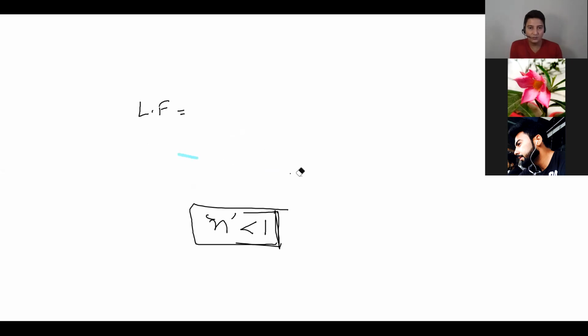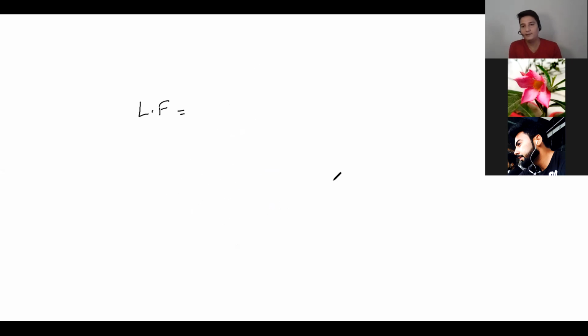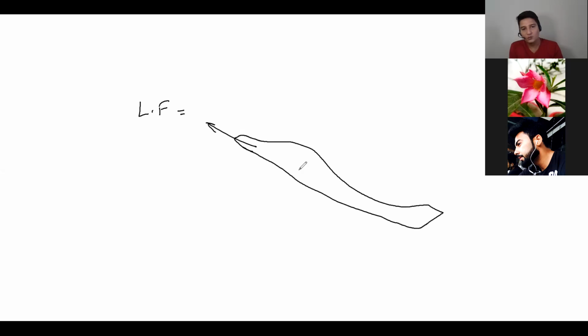Please listen to this very carefully, because not many people can explain this, and they would just give you a formula and say, okay, that's it. So I'll just quickly go through this. There is an aircraft here and it is going upwards. This is lift, this is weight.